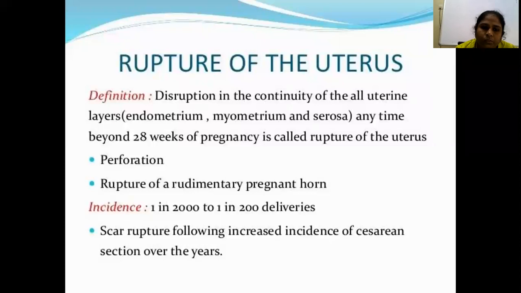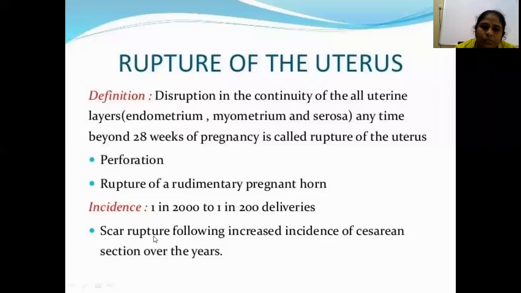Sometimes perforation also may be mistaken as this, and sometimes rupture of a rudimentary pregnant horn also may be misdiagnosed as rupture of the uterus. Incidence is 1 in 2000 to 1 in 200 deliveries.